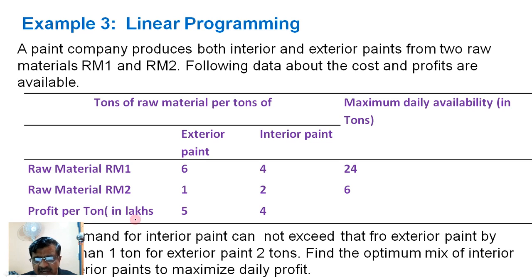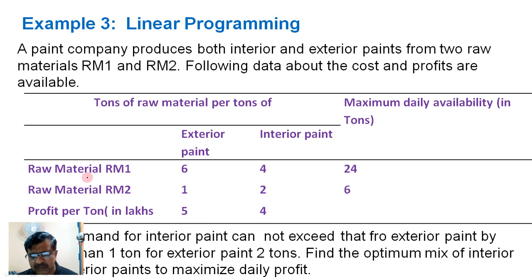The profit per ton in lakhs is 5 for exterior paint and 4 for interior paint. The daily demand for interior paint cannot exceed that for exterior paint by more than 1 ton. Find the optimum mix of interior and exterior paints to maximize daily profit.